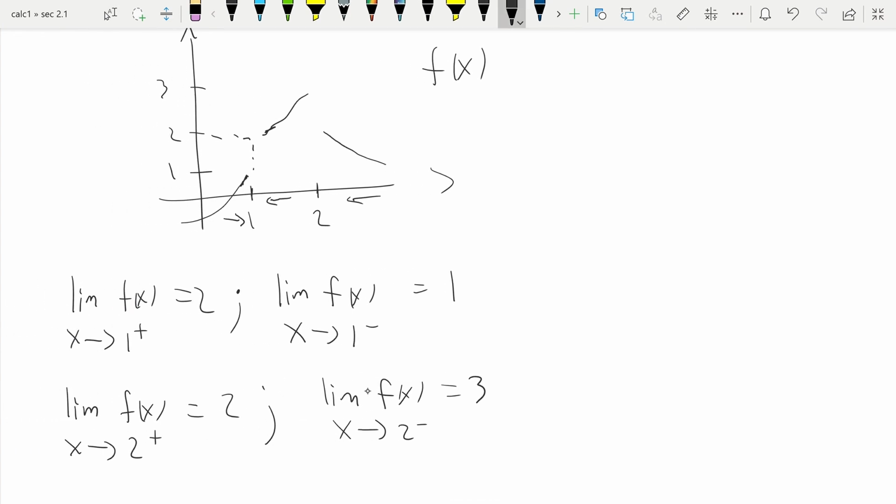So if we move in this direction, then we will be approaching 3.